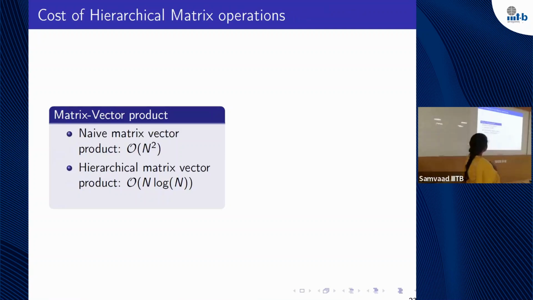So the conclusion is, if you have done it naively, you will have order n square, but using hierarchical matrices, you will have it as O of n log n. And this is one way of constructing the hierarchical matrix, what I have shown. There are even better ways of constructing hierarchical matrices, which will give us even better complexity. That is, we can even go to O of n.